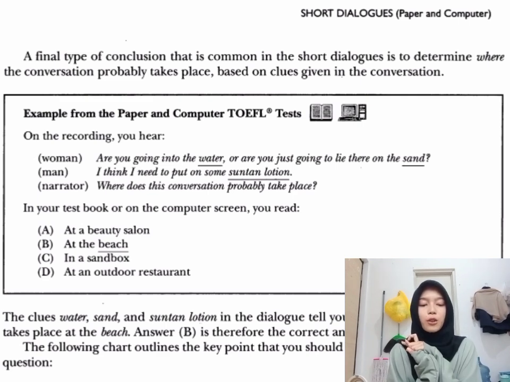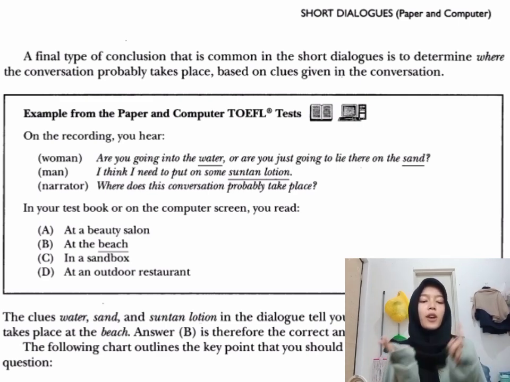And then in your textbook or on the computer screen you read, narrator: "Where does this conversation probably take place?" So we have the where question. We already filled in the who, and the what, and right now we have the where.